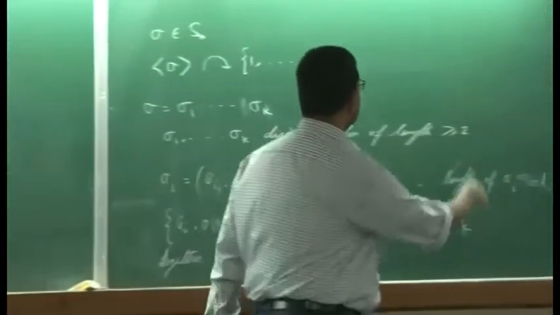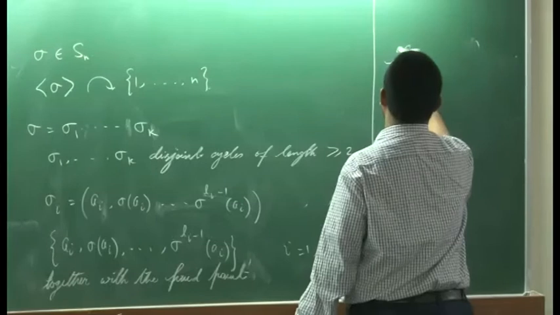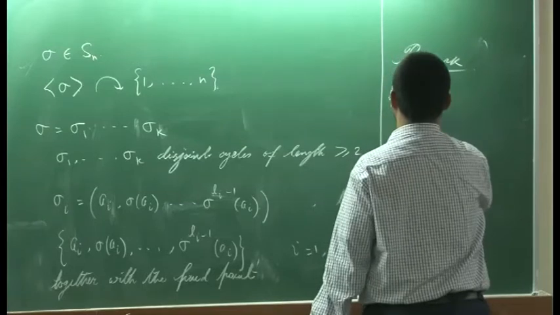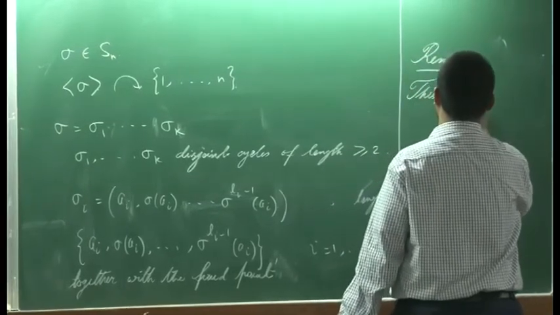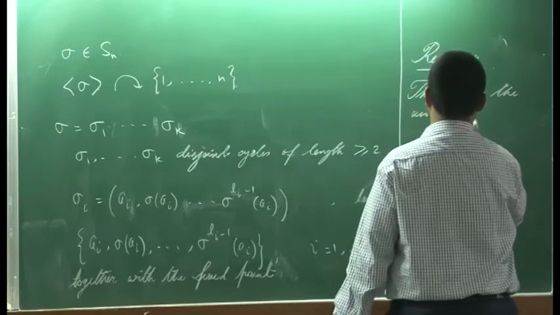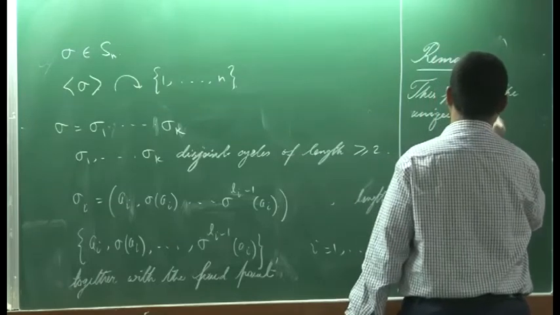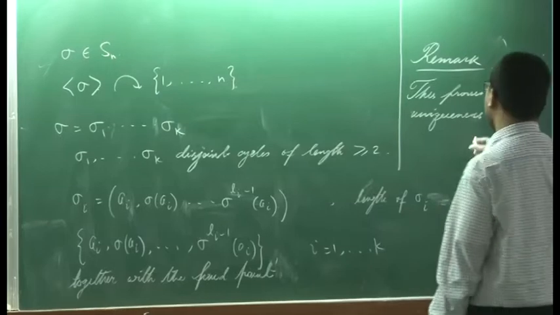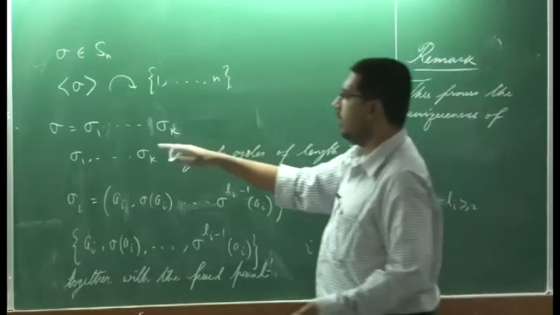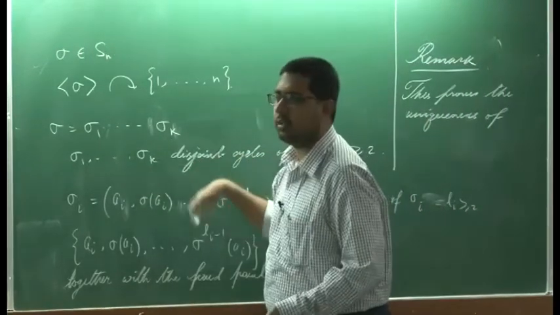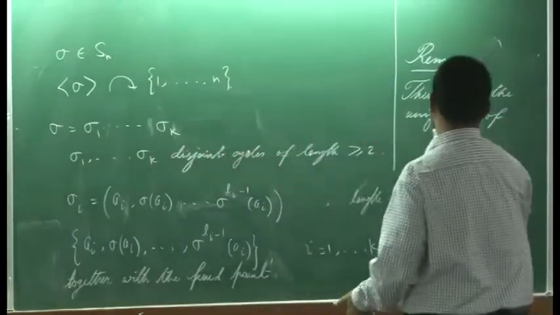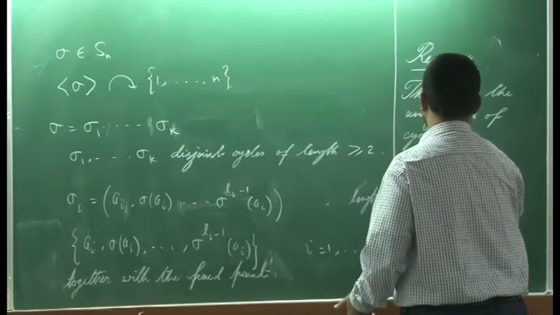So, let me just put a remark here. This in fact proves the uniqueness of cycle decomposition. Of course, one can prove the uniqueness in different ways, but this is one way, that is, just by observing that each of these cycles actually corresponds to some non-trivial orbit, and then from the uniqueness of orbits we obtain the uniqueness of this decomposition, the uniqueness of cycle decompositions.